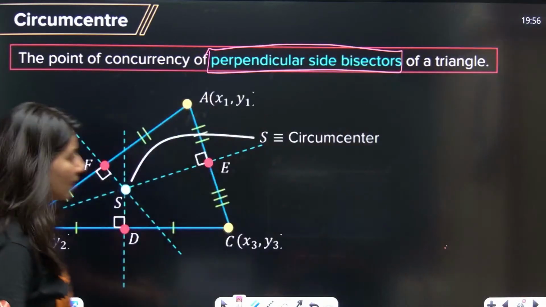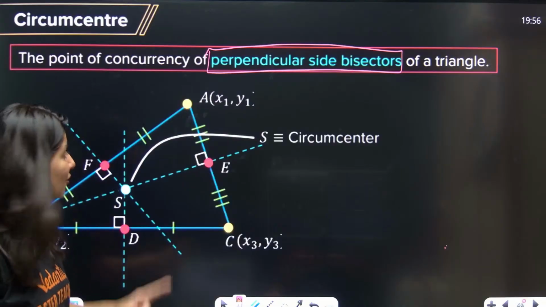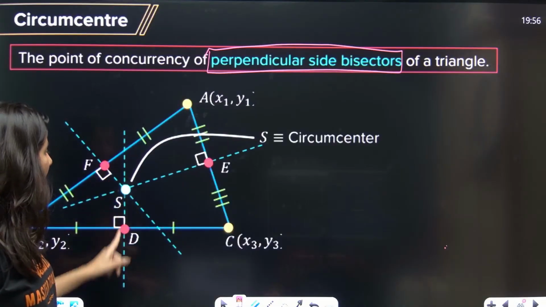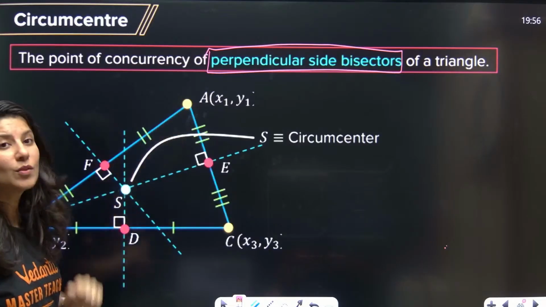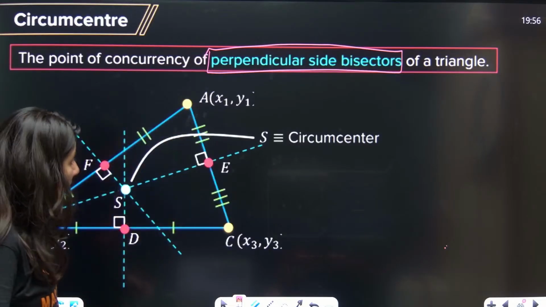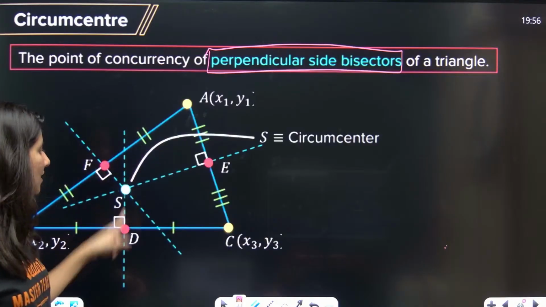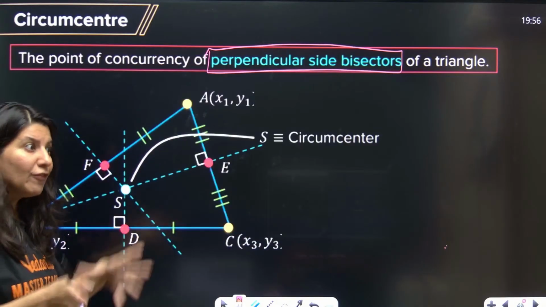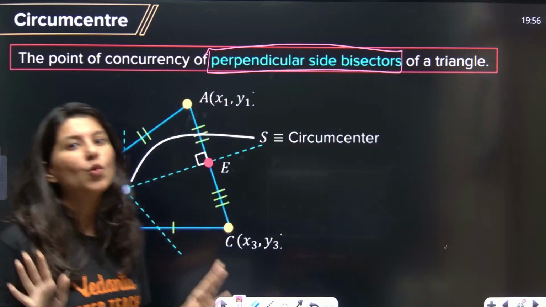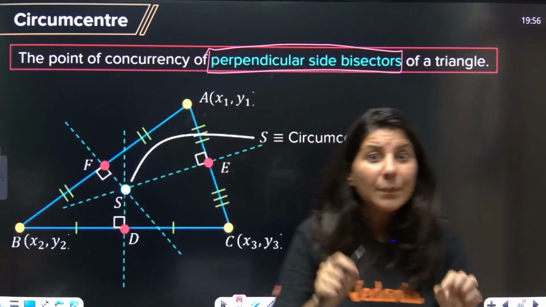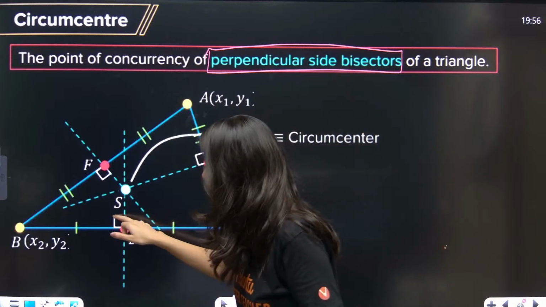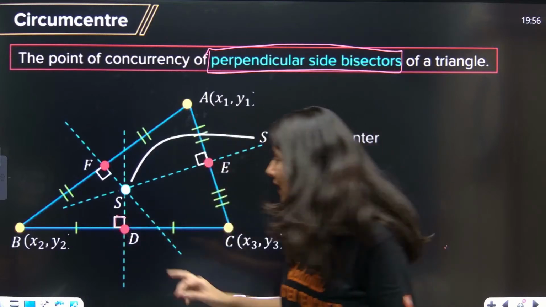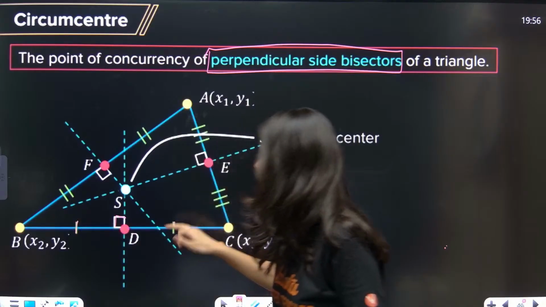Can you clearly see that this perpendicular bisector is not starting from the vertex? No perpendicular bisector needs to pass through a vertex. If it is passing, then it is a bonus, but is it compulsory? No. What is compulsory then? It should be perpendicular, 90 degrees, and it should be bisecting the base.